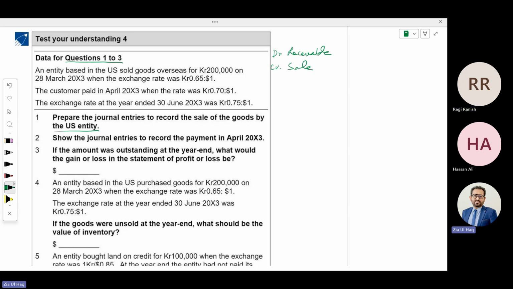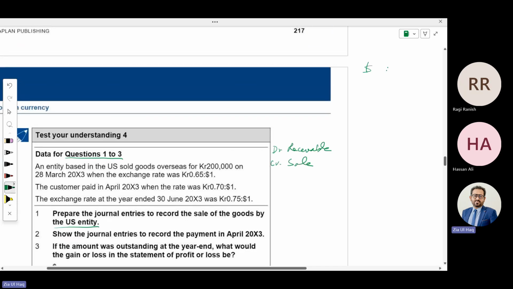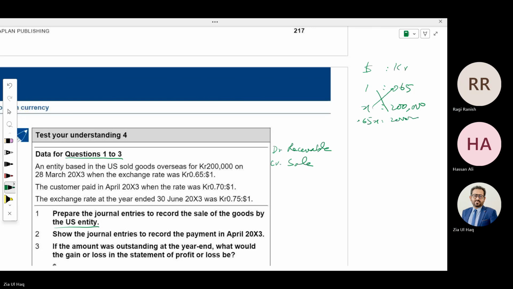It's based in US only in dollar. 1 krona is equal to 0.65 dollar. We have 200,000 krona and we need to find X. So 0.65 X is equal to 200,000.